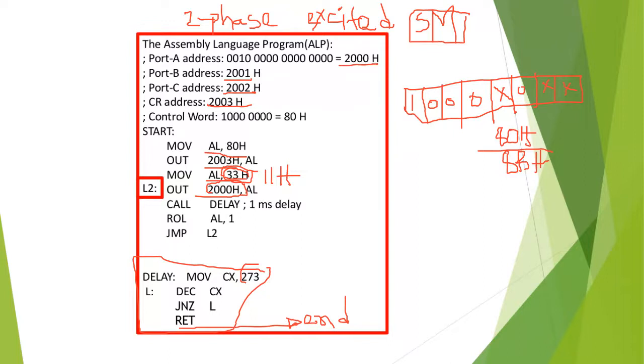In this course it is about controlling the stepper motor when it is interfaced with a microprocessor system, how we can operate it: two-phase excited system, one-phase excited system, like that. As we already learned the DC motor in the last lab, we can now also control the stepper motor through the microprocessor system.